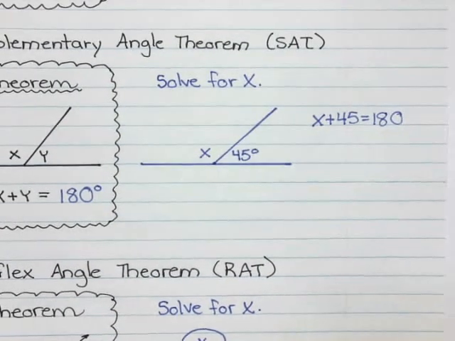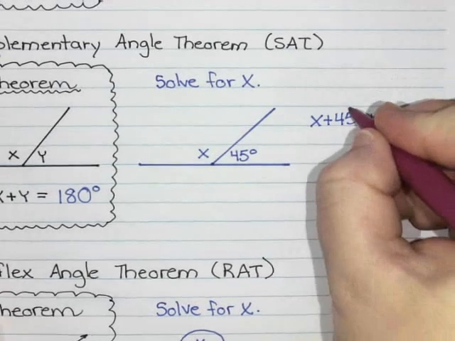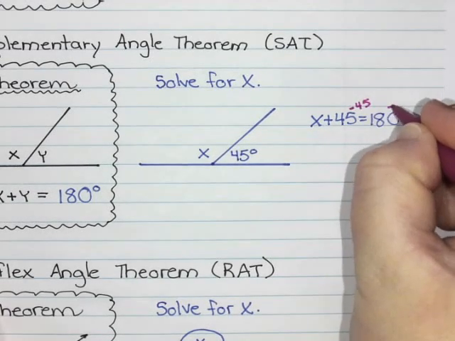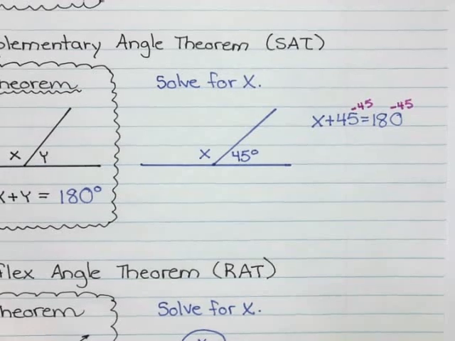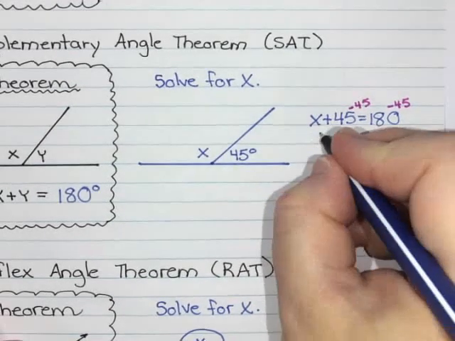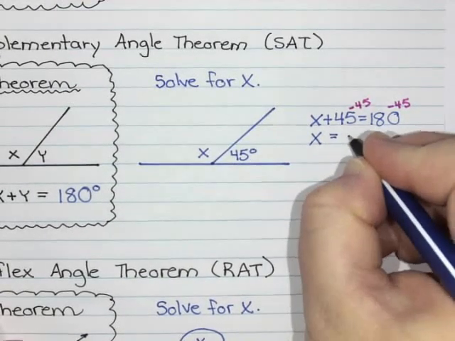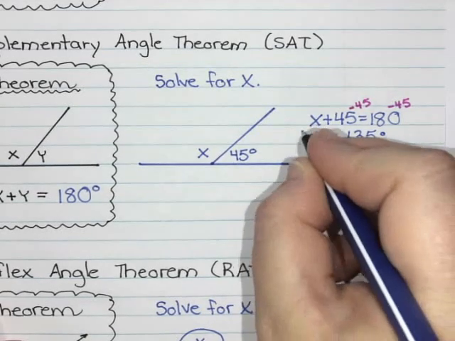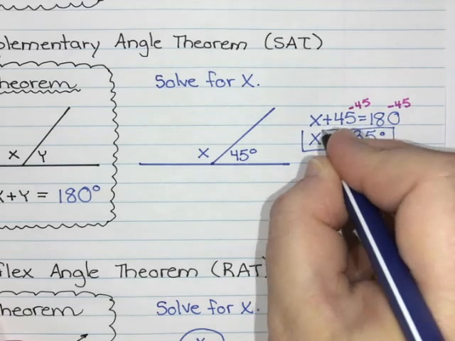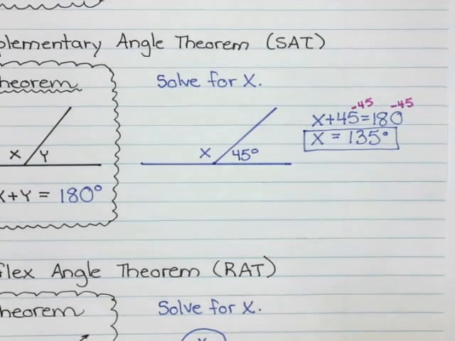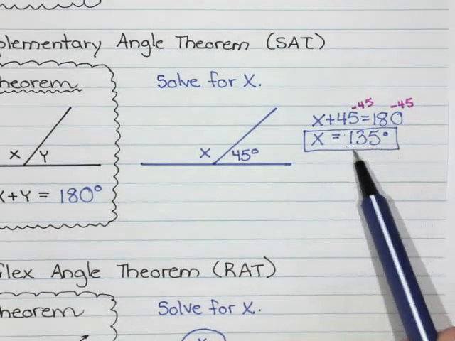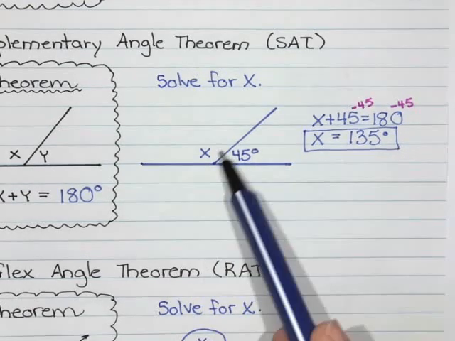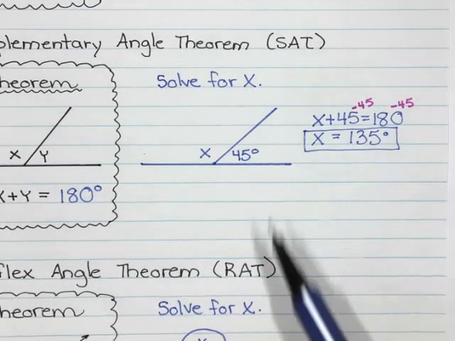And then I'm going to solve by subtracting 45 from both sides. 180 take away 45 is 135 degrees. So my missing angle there should be 135 degrees. Now that is bigger than 90, so it's obtuse, and it makes sense here on this side that this angle is also obtuse.